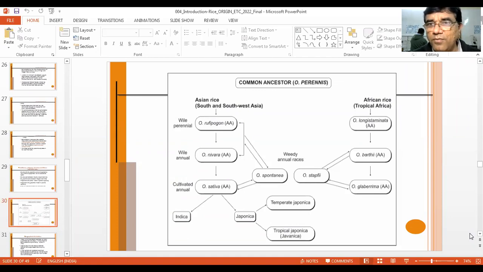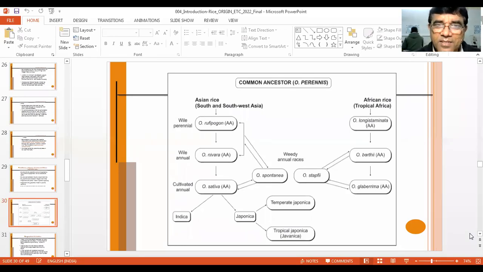First, for African rice, from tropical Africa, it originated, and in the beginning, Oryza perennis transferred properties or genes to Oryza longistaminata AA plus, and then it descended to O. barthii AA plus AA, and it made some crosses with Oryza stapfii, giving rise to Oryza glaberrima, either directly or by crossing with Oryza stapfii. All of these belong to the genus Oryza.